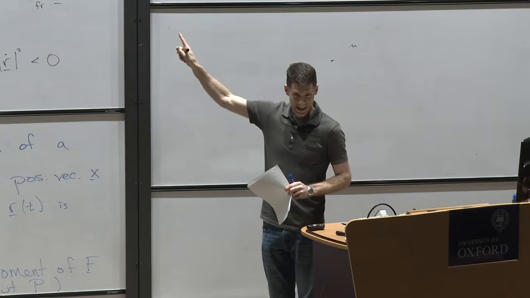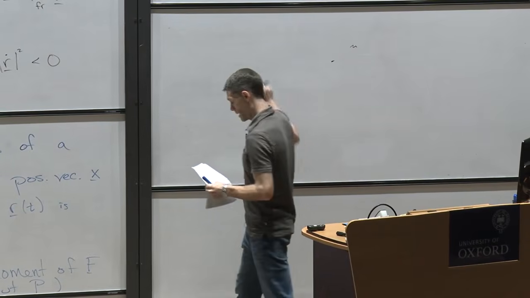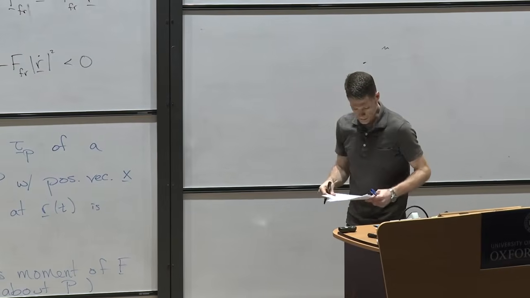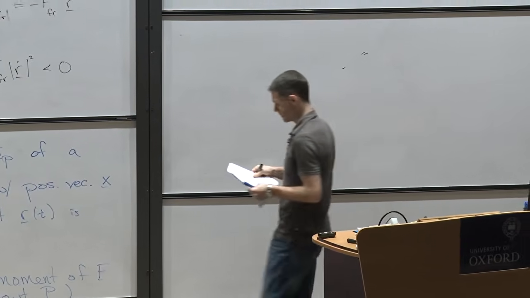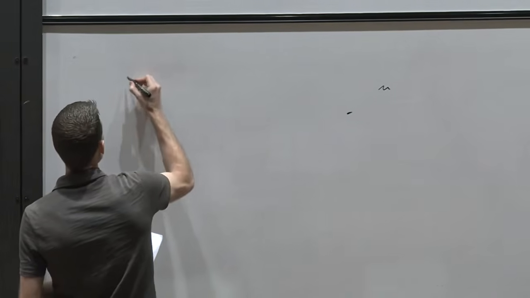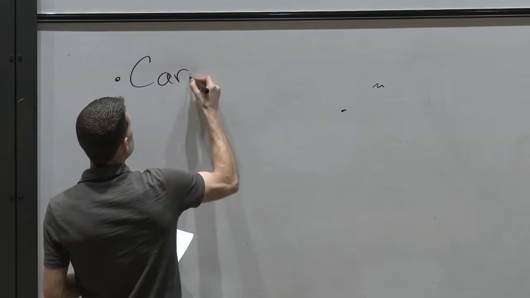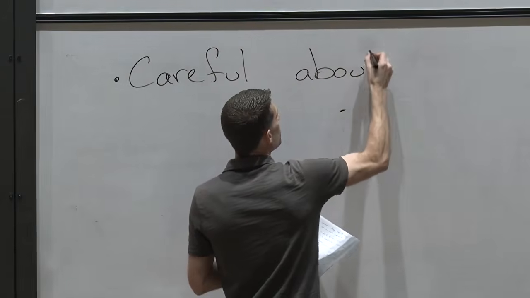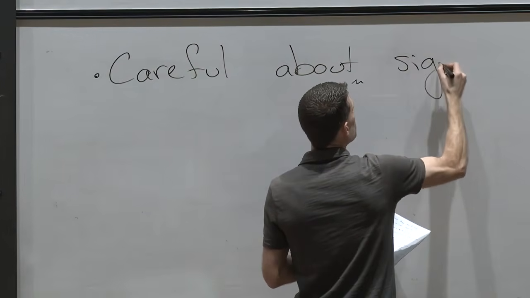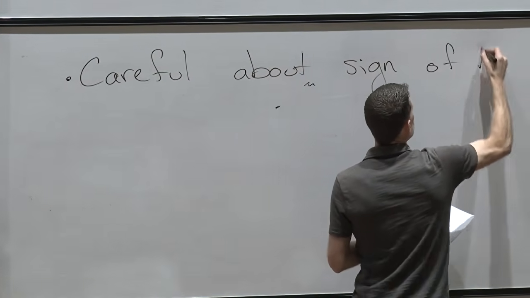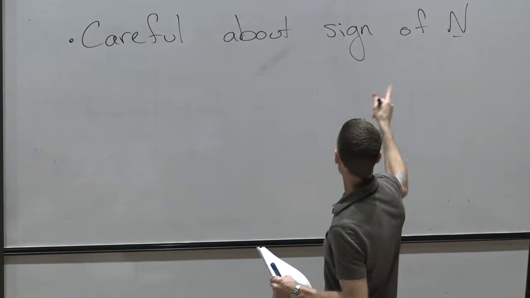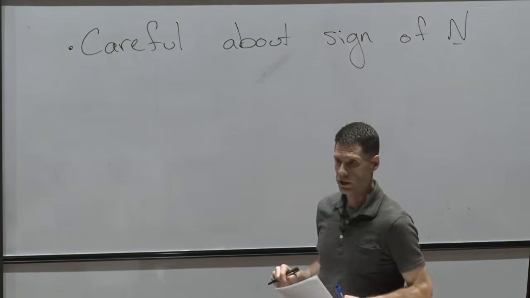We want to be careful about signs here. And in particular, okay, so I'm going to ignore friction from now on, but I want to think about the sign of N, right? Which way should N point?